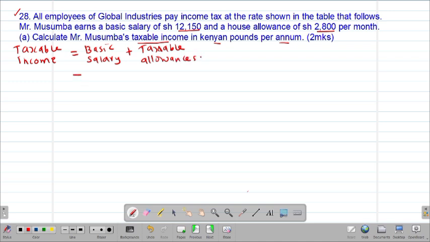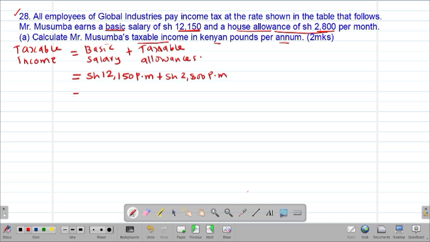In this case, we are only having one taxable allowance, which is the house allowance. Remember we said basic means it is on a monthly basis. So the basic salary is 12,150 shillings per month, plus the only taxable allowance that we have, a house allowance of 2,800 shillings, also per month.